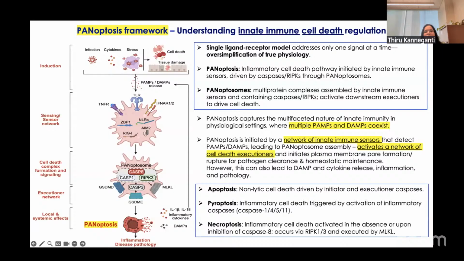Inflammasomes, to me, their main role is maturation of IL-1 beta and IL-18. So that is to alert cells before even cell death is induced. Cell death is a compromise for our host to really let our own cells die. To me, IL-1 beta and IL-18, these cytokines are alarm, danger bells to let our system know that there is danger.